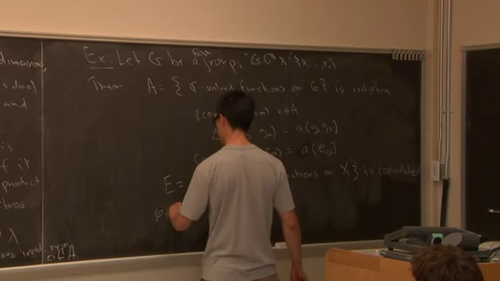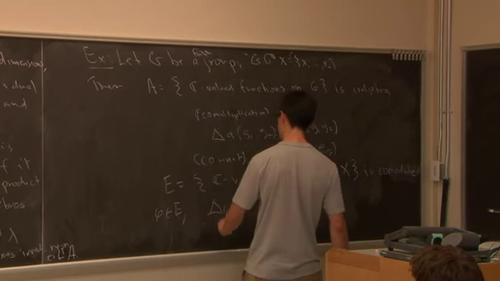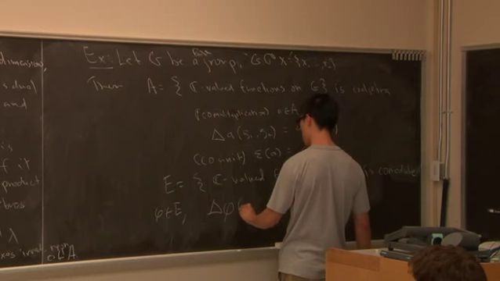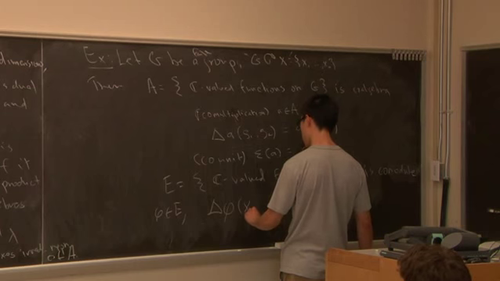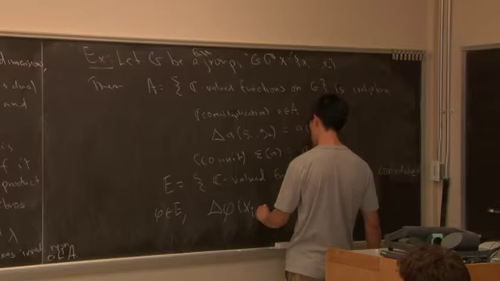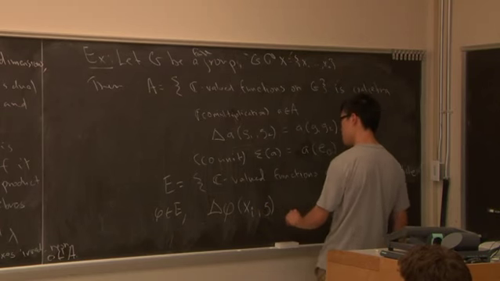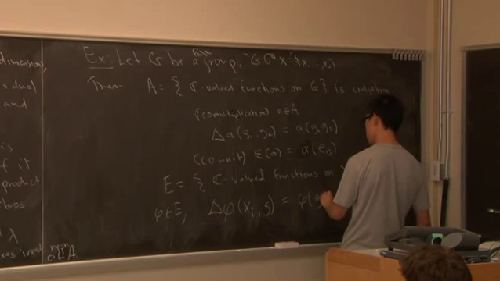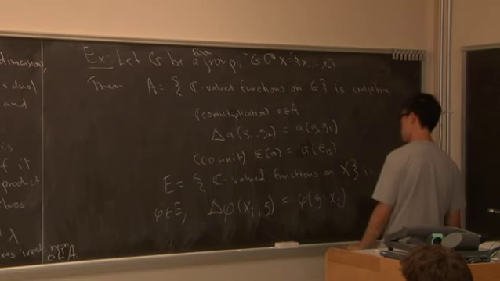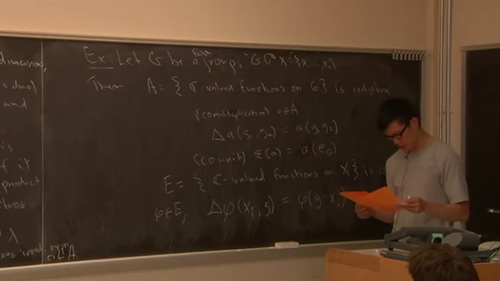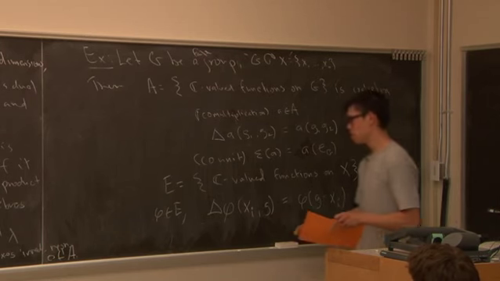So if phi is going to be some function in E, that delta of phi should eat tensor A, probably X_i, and then G, and it should just be phi of G acting on that X_i. Is that right? Okay, cool.